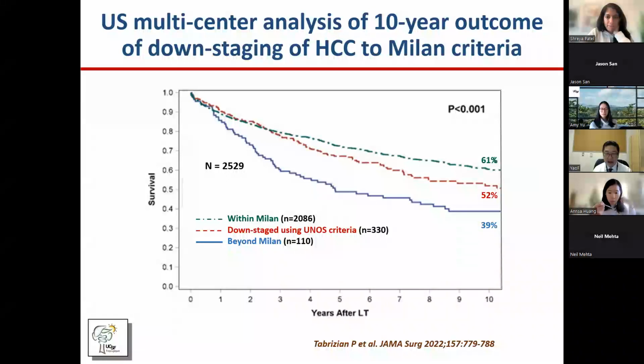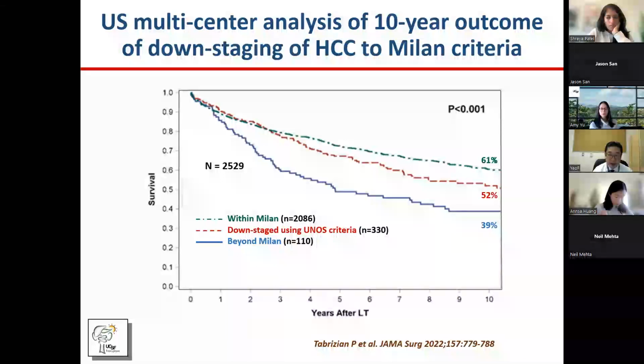Now, this is a US multi-center retrospective study comparing the long-term outcome of those within Milan versus those successfully downstaged and those beyond Milan criteria. We are part of this multi-center study, and this is providing 10-year follow-up.